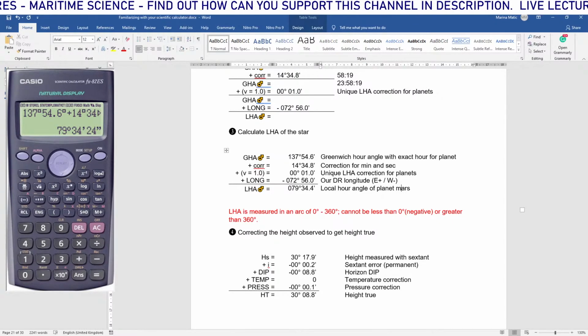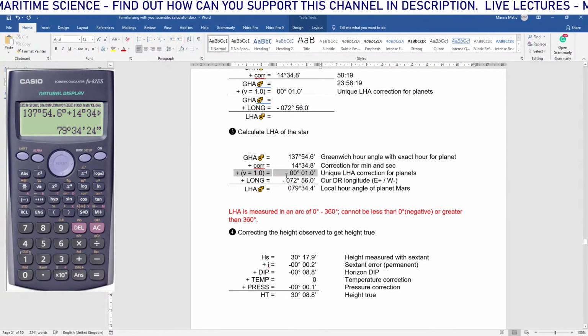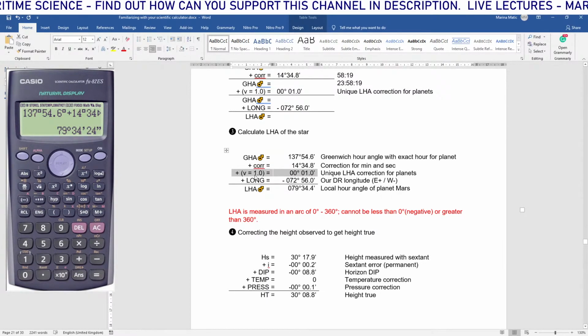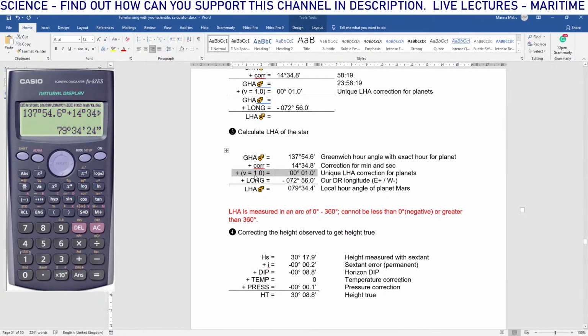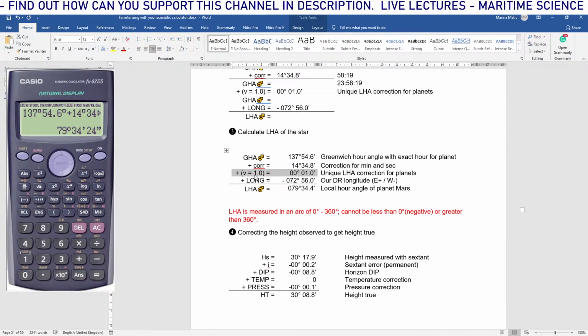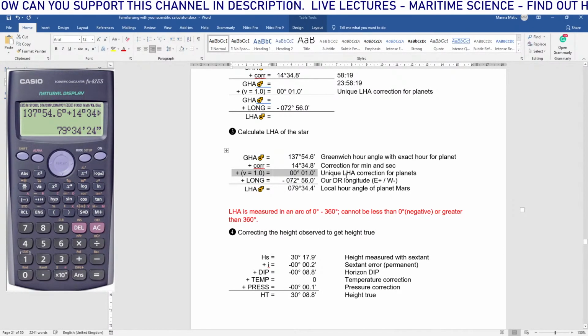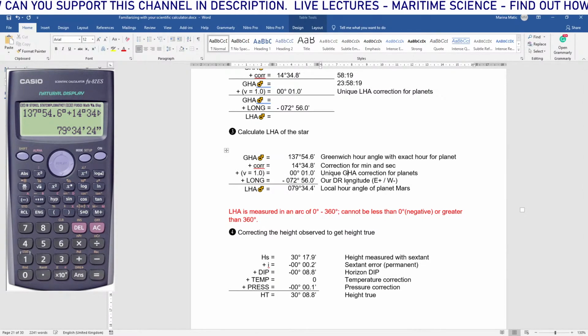So if you have Mars, Jupiter, Saturn, Venus, this is the difference between the procedure for star and for planets. Stars have their own unique SHA and they use Greenwich hour angle of Aries, spring point, while planets have their own unique GHA, Greenwich hour angle, but that Greenwich hour angle has a correction, and we can also call that GHA.